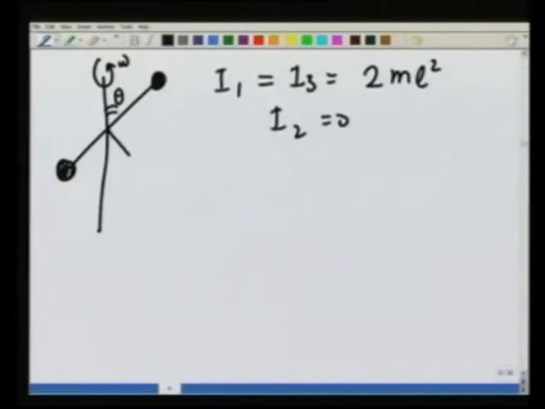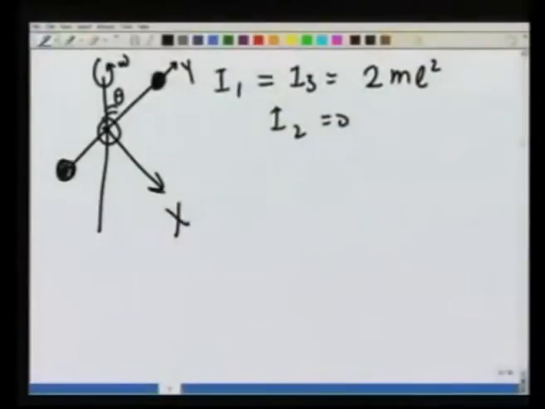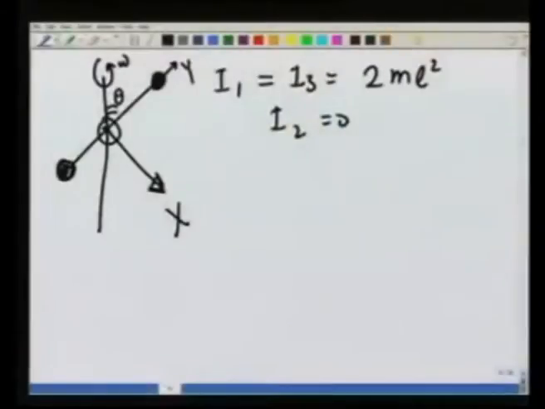Let me remind you, this is my x axis, y axis and z axis coming out, and as I said earlier, as the body rotates, these axes are fixed in the body, so these axes will also move. So, the components really refer to the time when this rod is in the plane of this screen.